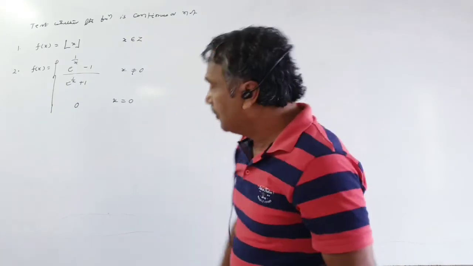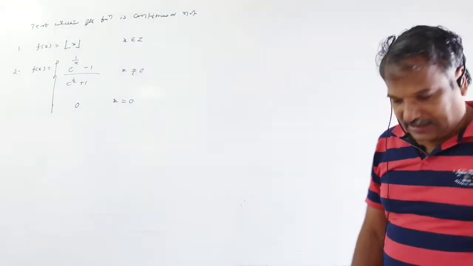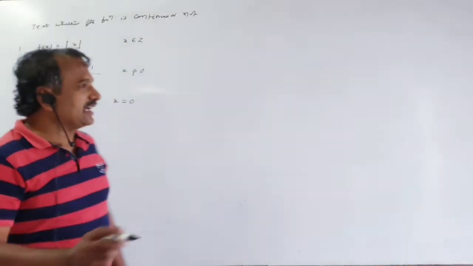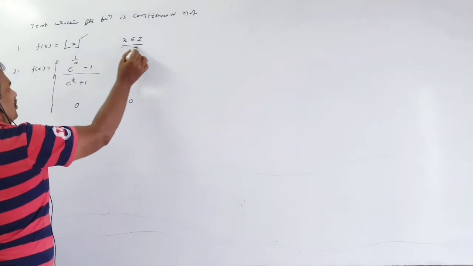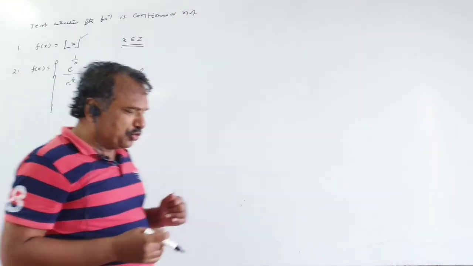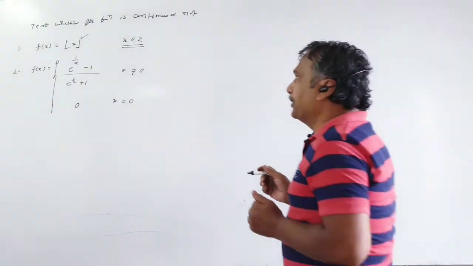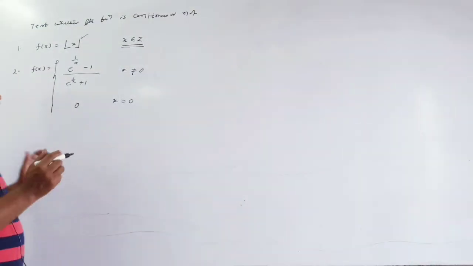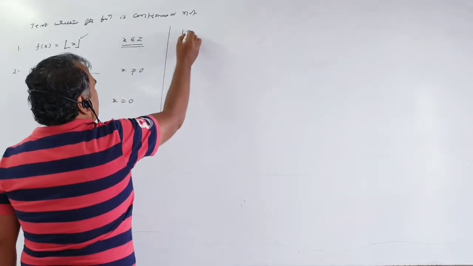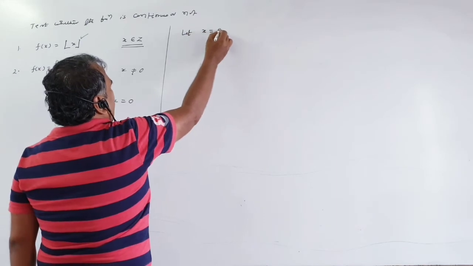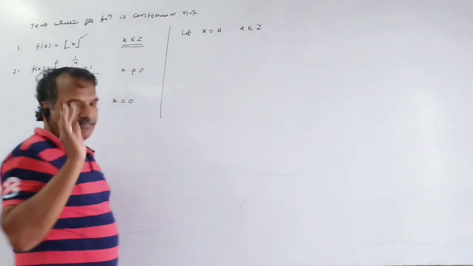Okay. Now one is f of x equal to the greatest integer function. This is the greatest integer function. Now this x belongs to integers. You know that integers mean 0, plus or minus 1, plus or minus 2. Now, first one. Let x equal to a, which belongs to integers.